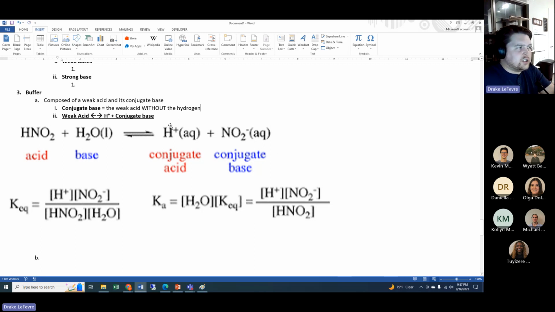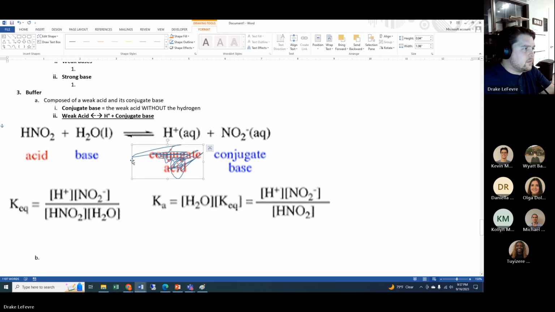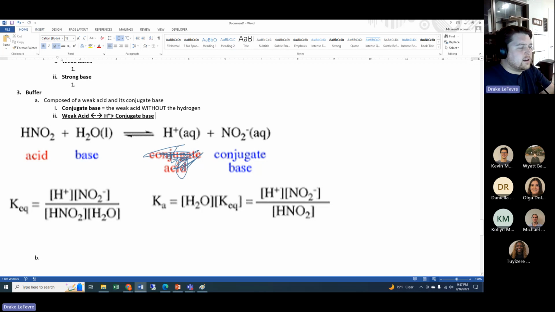The conjugate acid is just the hydrogen. And to be honest, we typically don't even call it conjugate acid. I would just ignore that for this class and just focus on the weak acid and its conjugate base forming a buffer system. Okay, so the equation below is an example of what a buffer system is, correct?